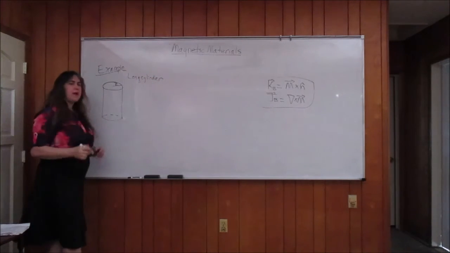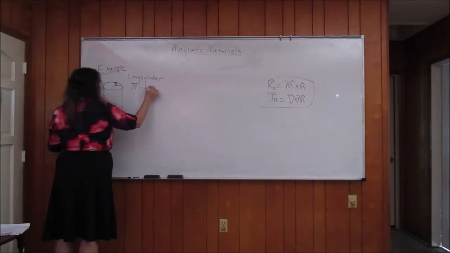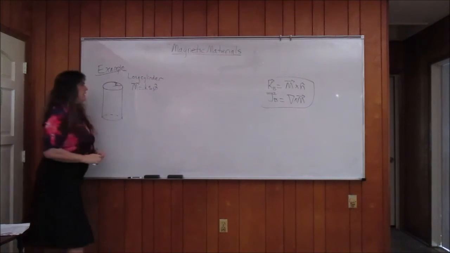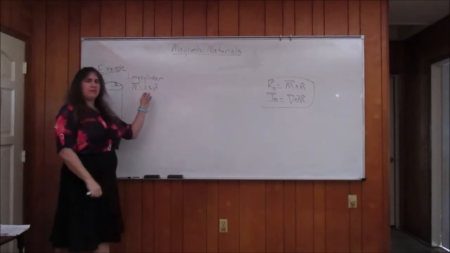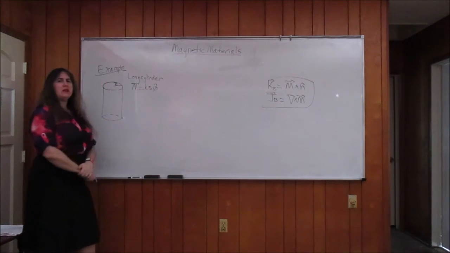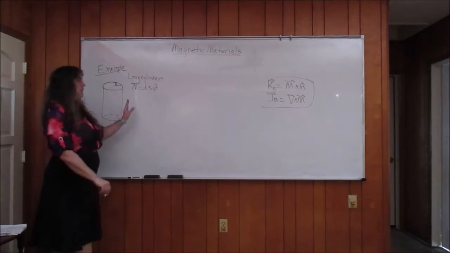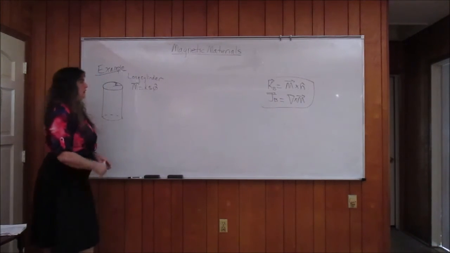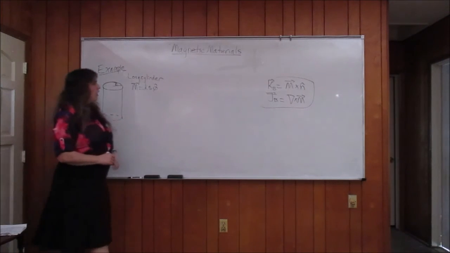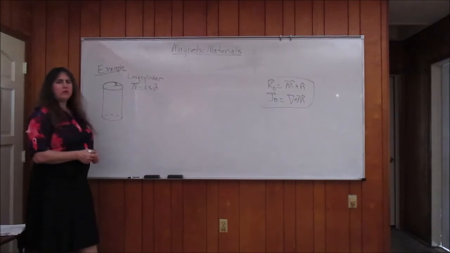And let's suppose that the magnetization is defined as some constant k times the radius s and oriented in a circumferential direction. And I want to figure out what's the magnetic field everywhere, inside and out. How do I do that? Well, first order of business is I'm going to calculate what the bound current densities are.